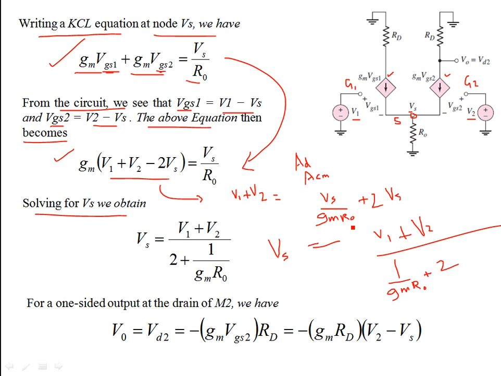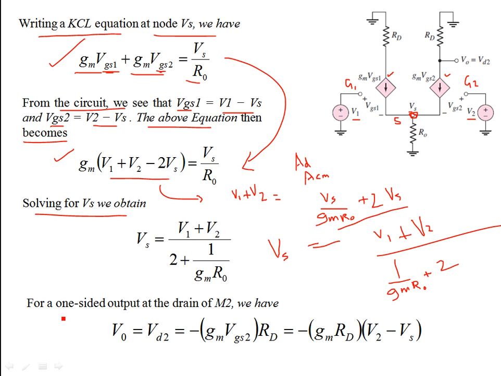Basically, you just take Vs out and you will have this expression. So this is the source voltage, the AC source voltage that you have at this node, the node where the constant current source is being applied.